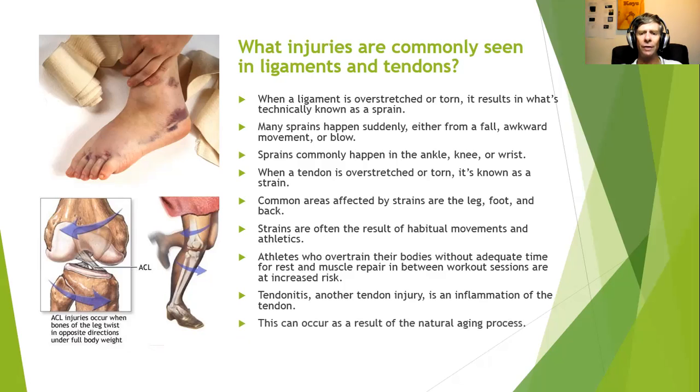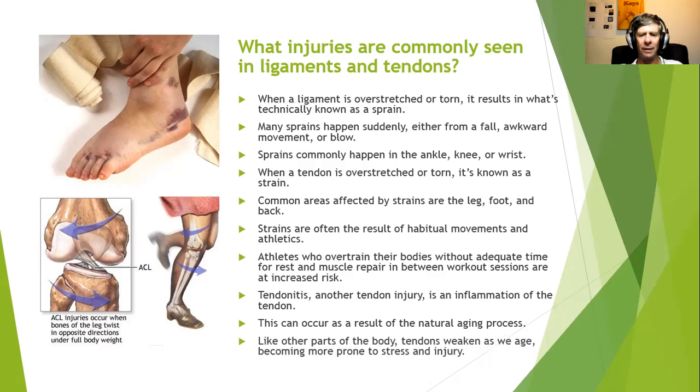And this can recur as a result of the natural aging process as well, partly because as we get older, we lose our flexibility. If you've ever seen pictures of 98-year-old ex-gymnasts, they're still quite flexible. If you didn't do gymnastics later and continued to do it, you're probably not going to be able to do the splits without some serious pain.